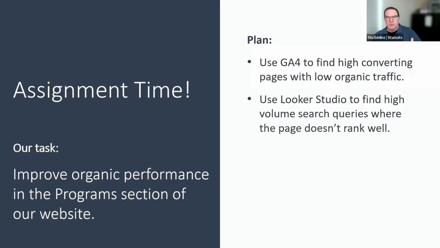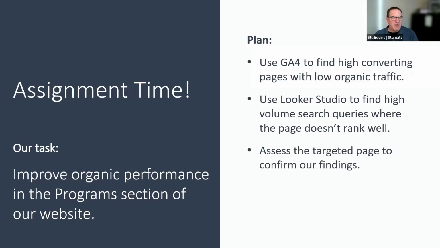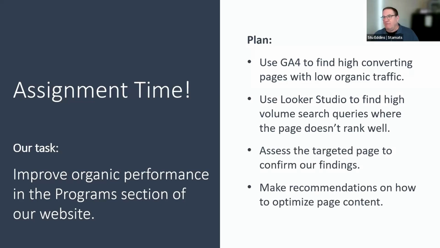The next thing we're going to do is use Looker Studio to find high frequency keywords that the consumers are entering as their queries, and then see if there's some commonality, see if there's a theme we can use to bolster the traffic coming to our page. And then assess the targeted page to confirm our findings. And finally, of course, make a recommendation. This is what we think we need to add to the web page to make it more successful.